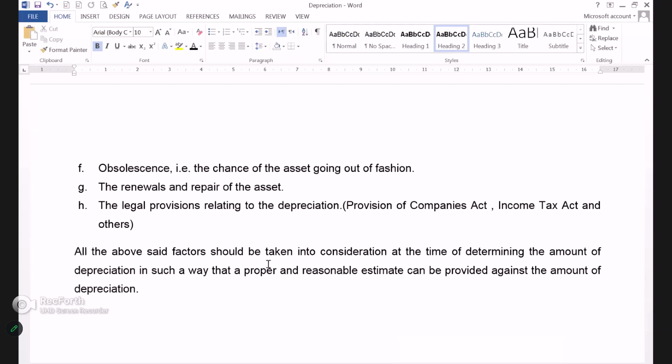But when you are preparing the statement for tax purposes, the calculation is different. You need the allowable amount. How much should be deducted should be defined by the Inland Revenue Department Act. So that is the legal provision.